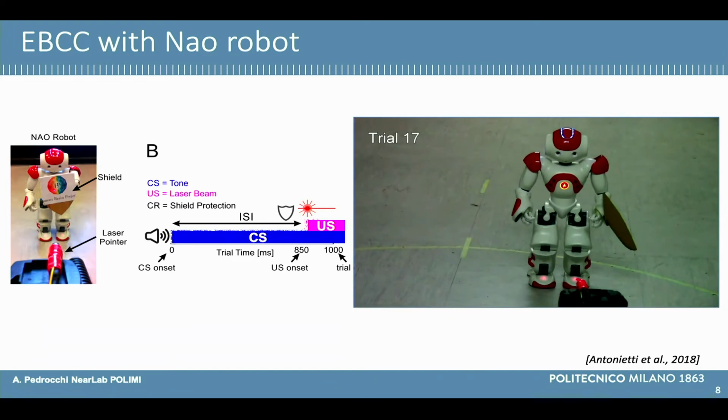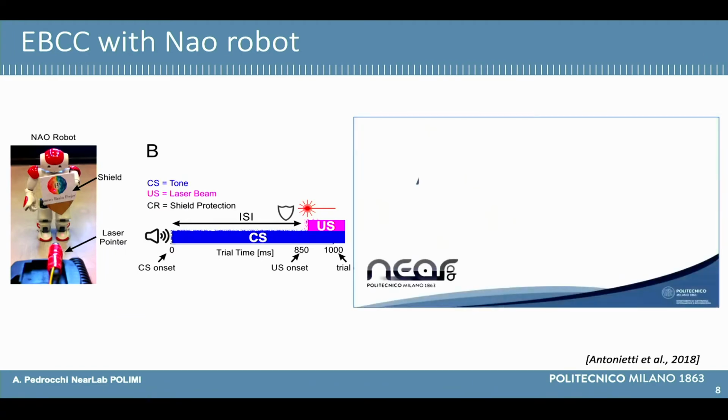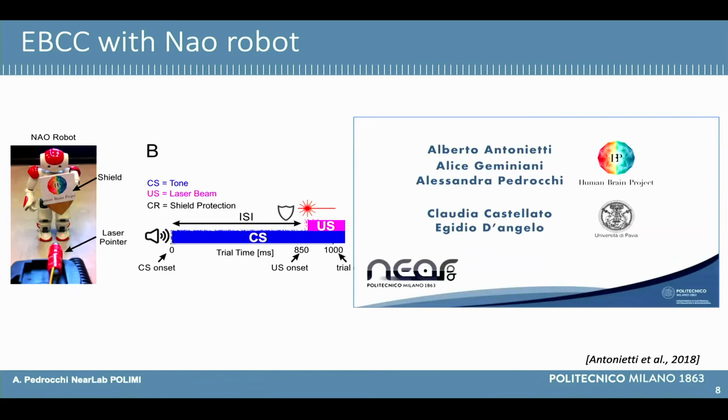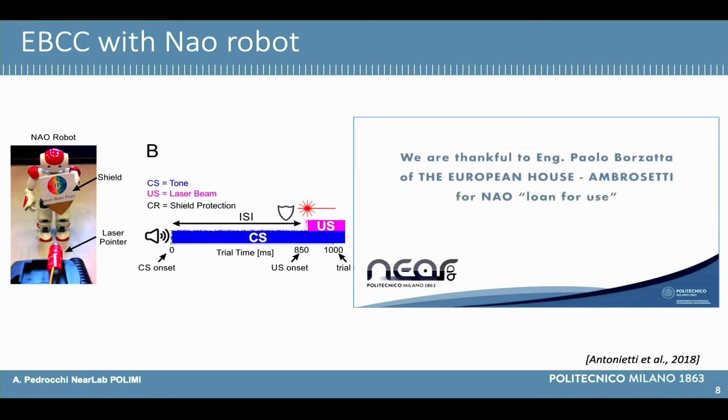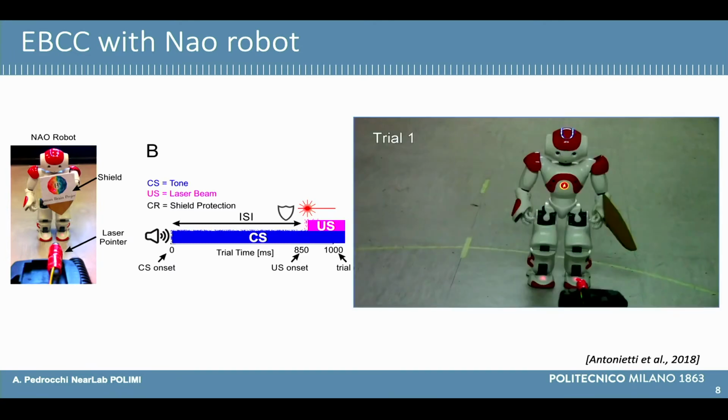So the robot needs to abandon the learned behavior. And all this is done by the spiking neural networks, something like what you have seen in NEST in all the previous presentations of yesterday.